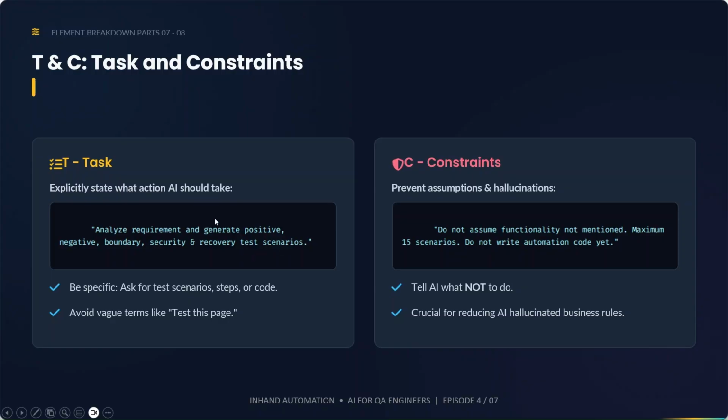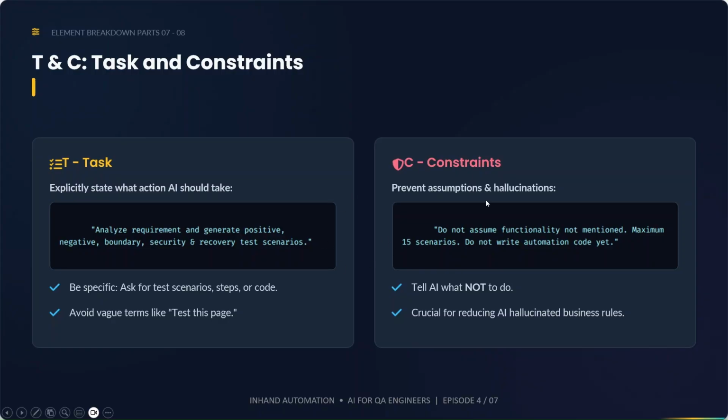This is especially useful for QA because the word test can mean hundreds of different things. If we are saying test this, it means functional testing, API testing, UI testing, security, performance, accessibility, compatibility. So the clearer the task, the more focused the response can become. So that's about the task. We have to explicitly mention what we want our AI to perform.